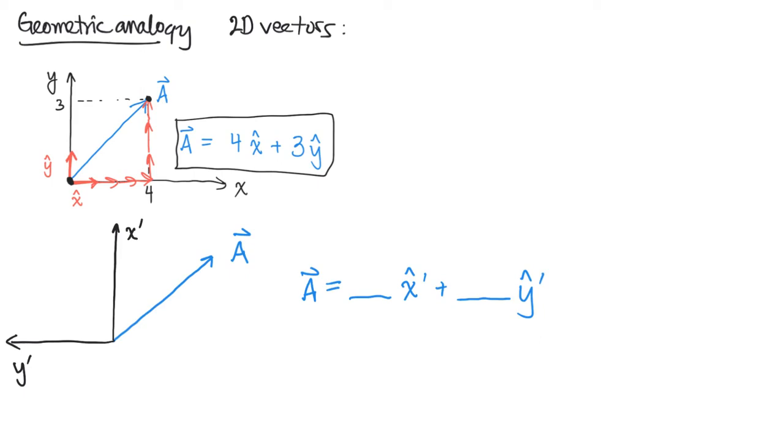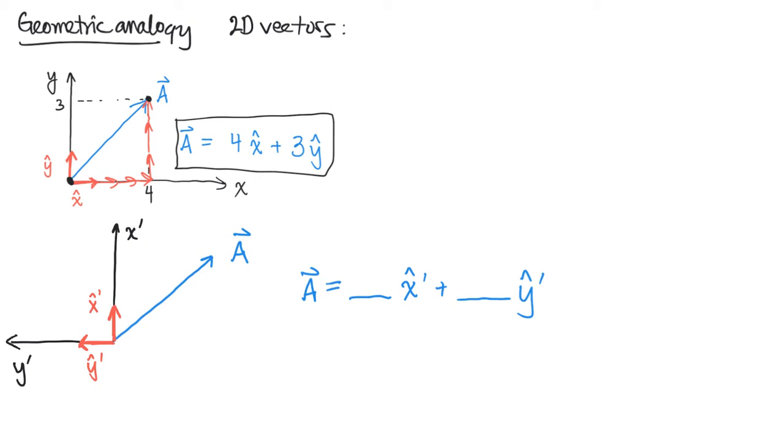So first of all, where are these vectors x prime hat and y prime hat? Well, they point along the directions x prime and y prime. So x hat prime points straight up, its length is 1, and y hat prime points along the y prime direction, and it also has length 1.